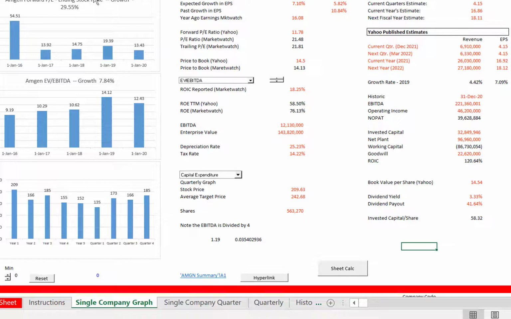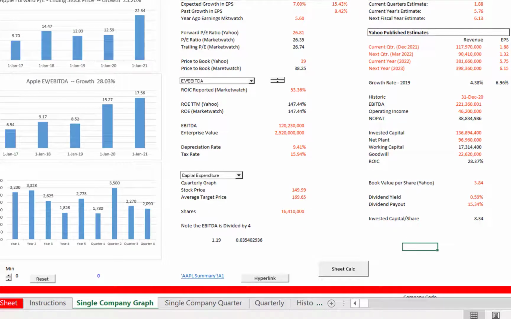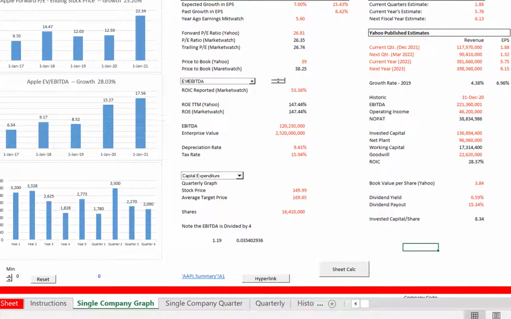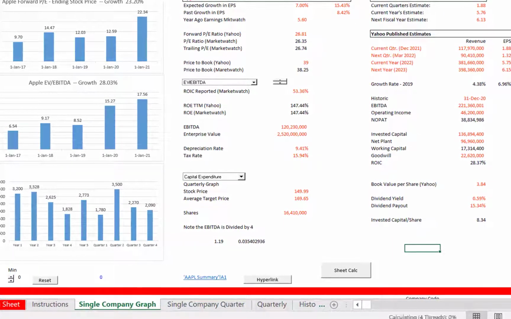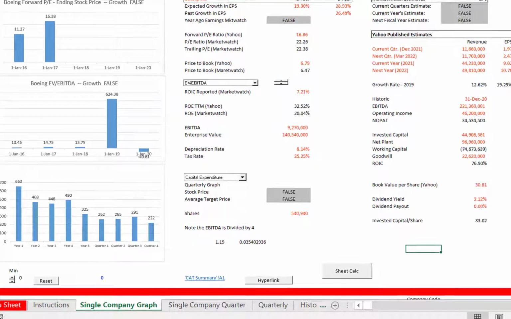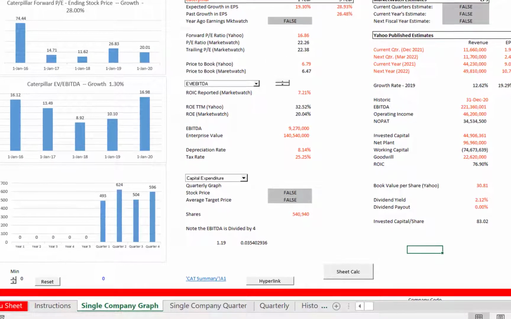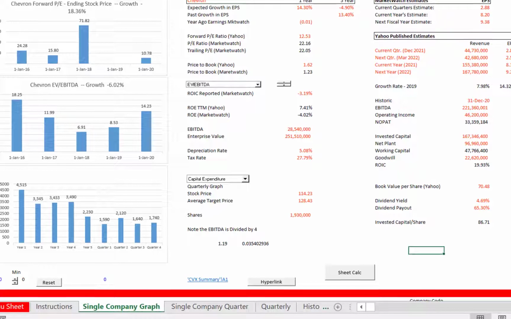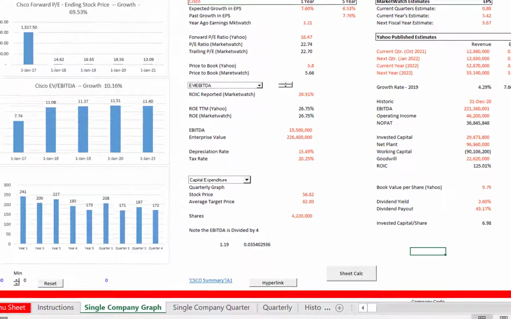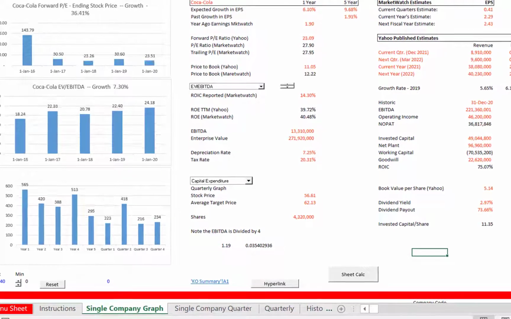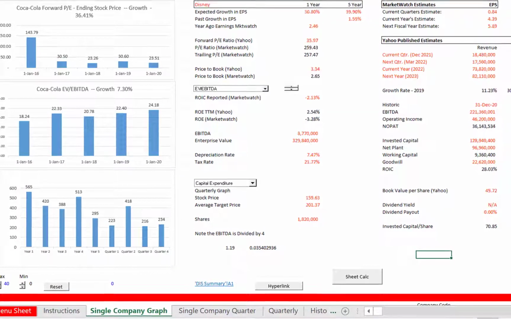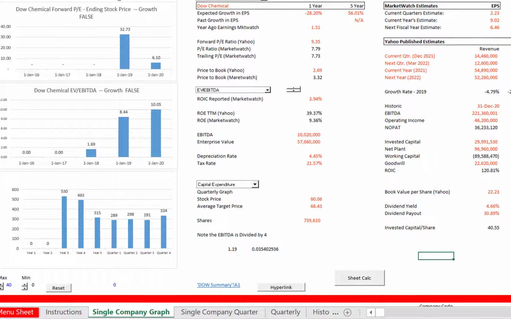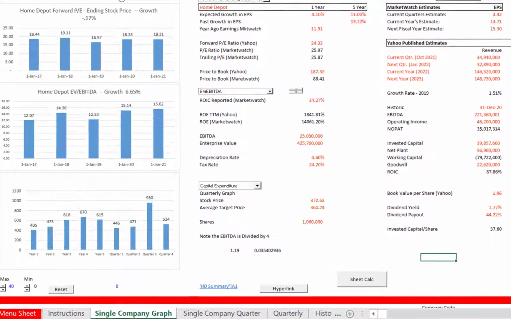But what you should see is obviously that the PE ratios and the EV to EBITDA ratios have gone up dramatically. And again, we can look period by period, and we can see, okay, some of these PEs are all distorted, but then maybe the EV to EBITDA is a more interesting way to look at it.